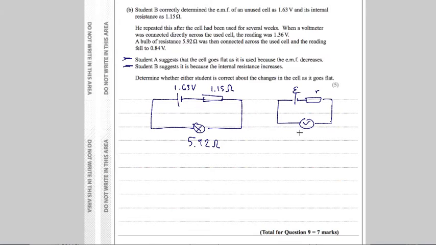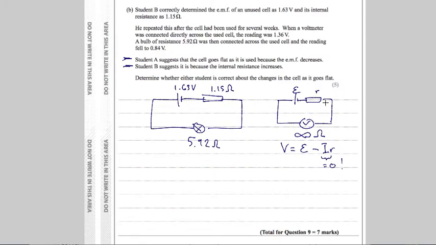Now, an ideal voltmeter has infinite resistance. That means that no current will flow. So the voltage that this is going to measure, V, is going to be the EMF minus current times internal resistance, but as we have an infinite resistance, the current is going to be 0.